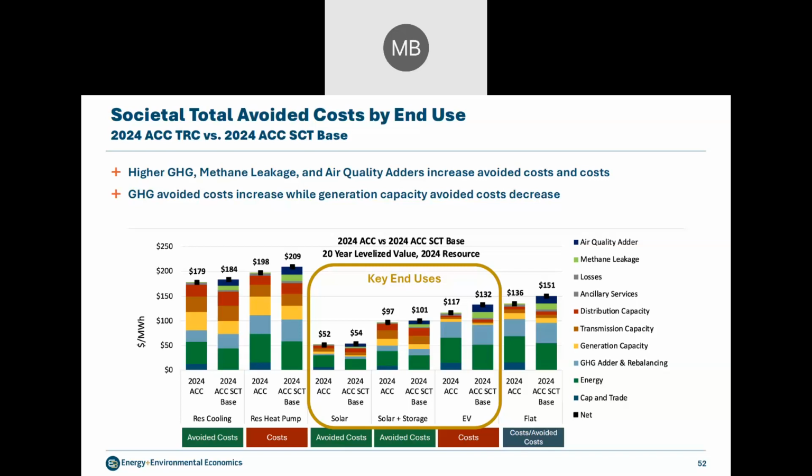Sure, yes, I can speak to that. The key difference between the TRC and SCT in the gas model is that with SCT we would use a societal discount rate of 3% to escalate that interim GHG cost of carbon, rather than what we currently use, which is 7.3%, the utility WACC. The problem was that with that 3% escalation, the SCT actually resulted in a lower cost of carbon compared to TRC.